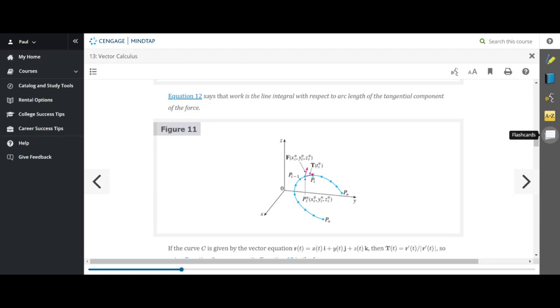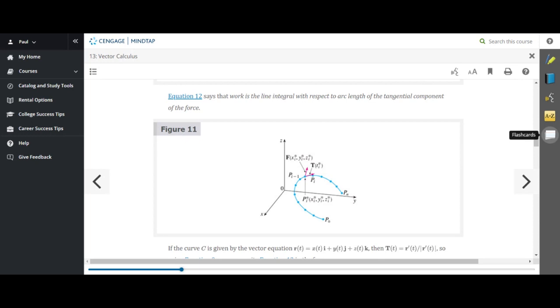But the approximation is not going to be very good, because that unit tangent vector can be much longer than the arc from P sub I minus 1 to P sub I. So what you do is multiply the tangent vector, which is at some time T sub I star, by the piece of arc length between P sub I minus 1 and P sub I. That would be a logical scalar multiple to use.